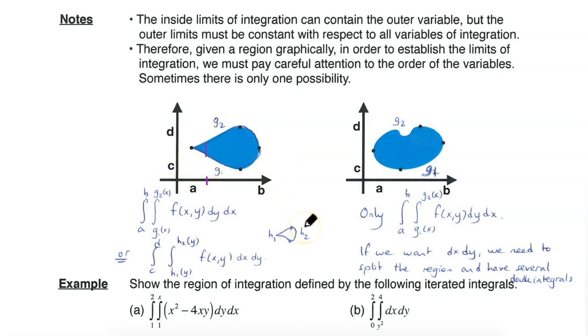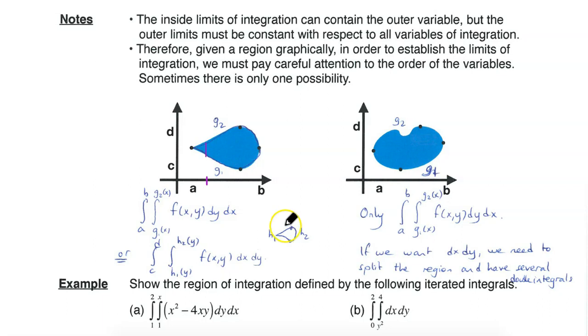So hopefully we know two functions, h1 and h2, where h1 would start here and go up there, while h2 would start here and maybe it's a semicircle ending here.